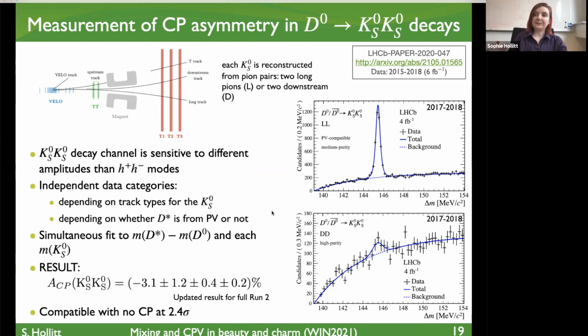And depending on whether the D star is from the primary vertex or not, this is also another data category. So here we take a simultaneous fit to the mass difference between the D star and the D0 and the mass of each K short, and this gives us this lovely result for the CP asymmetry. This is an updated result for 4.12. And at the moment, this is still consistent with no CP violation at 2.4 sigma.